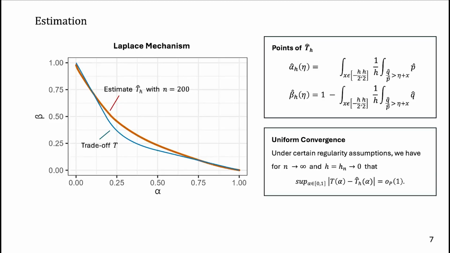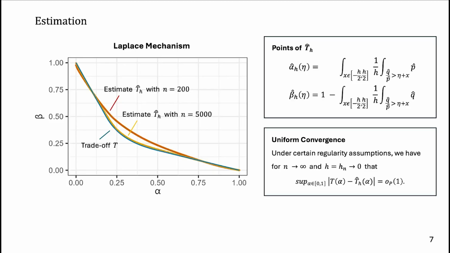An important aspect of this estimate T-hat is given below. It converges uniformly to the true trade-off function T as long as our sample size n grows. And we can illustrate this again with the help of our new estimate T-hat, which we obtain with a sample size n equals 5000. Here given by the yellow curve.